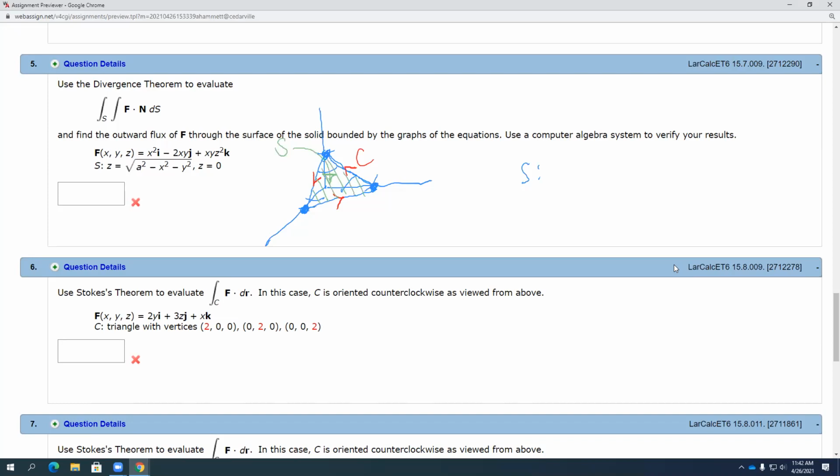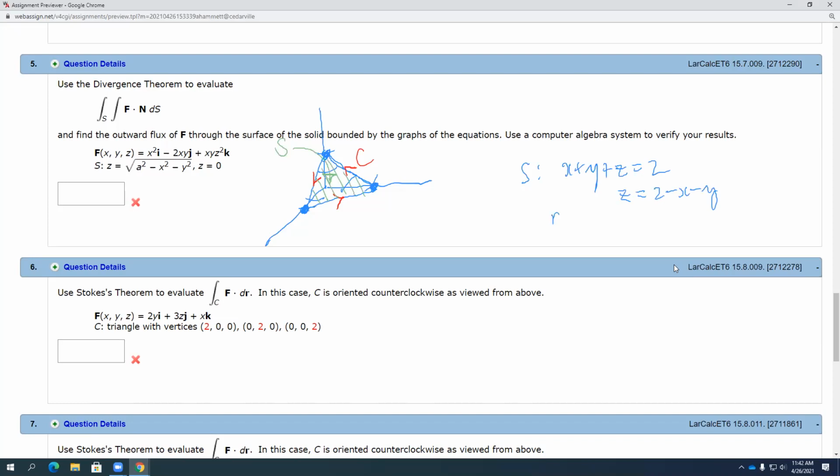What is that plane? What's the equation of that plane? Yeah, x plus y plus z equals 2. That would be easy enough to come up with, and the surface is bounded by that curve. Therefore, another way to say that is z equals 2 minus x minus y, correct?